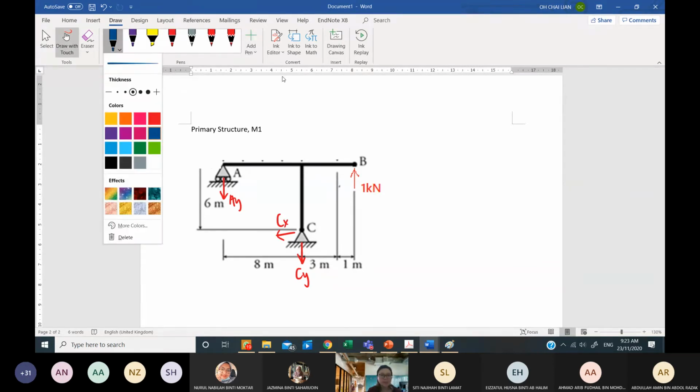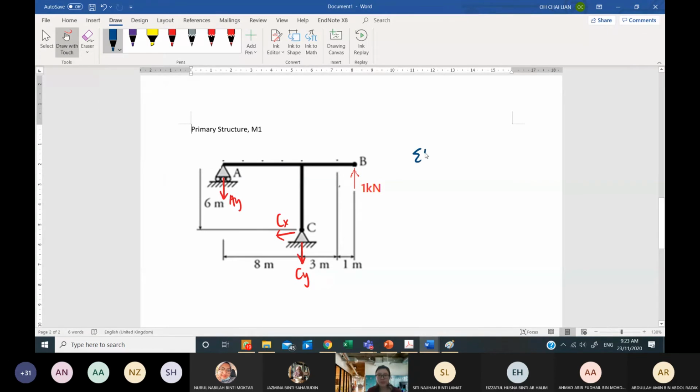So taking summation MC equal to 0, and then I have 4 times 1, and then I have AY. Oops, AY is going up, is it? Minus 4 minus 8 AY.